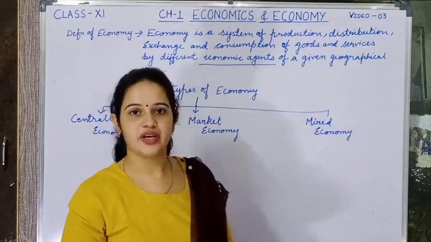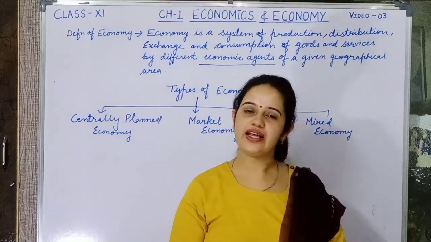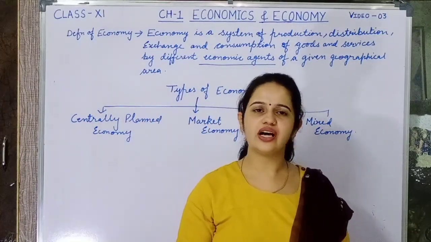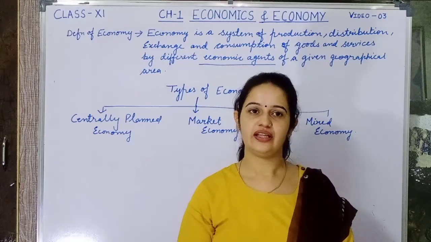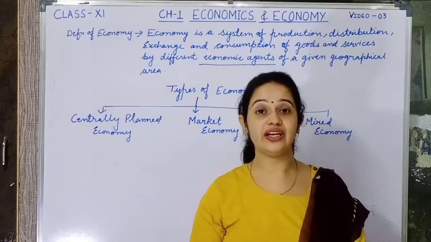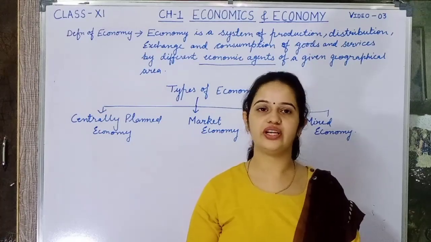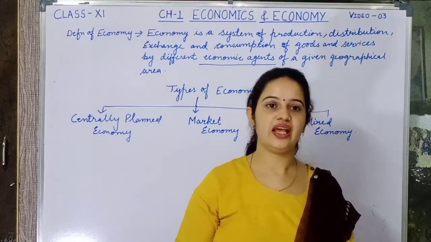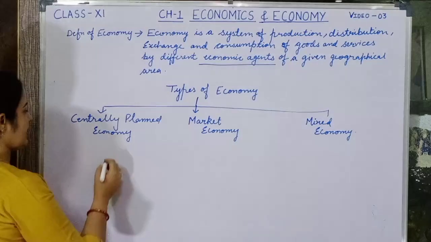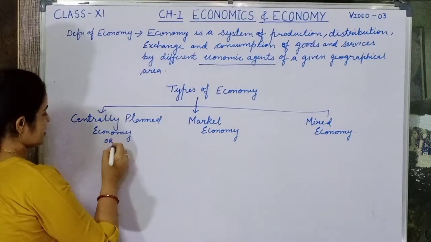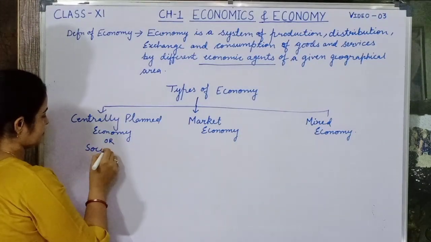Friends, the examiner does not ask you direct questions. They try to confuse you by giving different names of economies. So let us first know the different names of these. Centrally planned economy is also known as socialist economy.